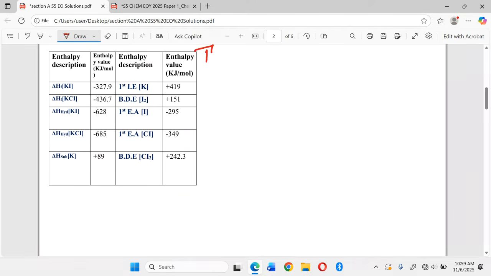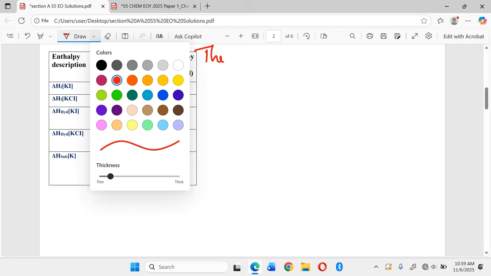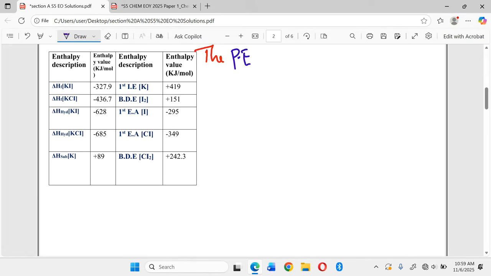Now let's look at the second one. Go back to blue. The potential energy diagram of potassium iodide. Not ICT, this is K. Potassium iodide.